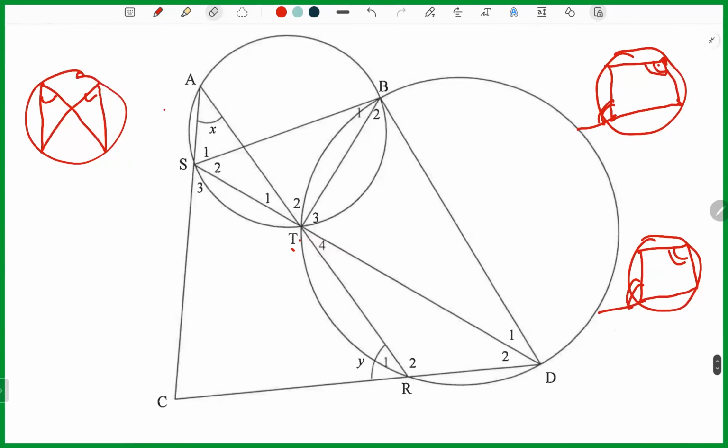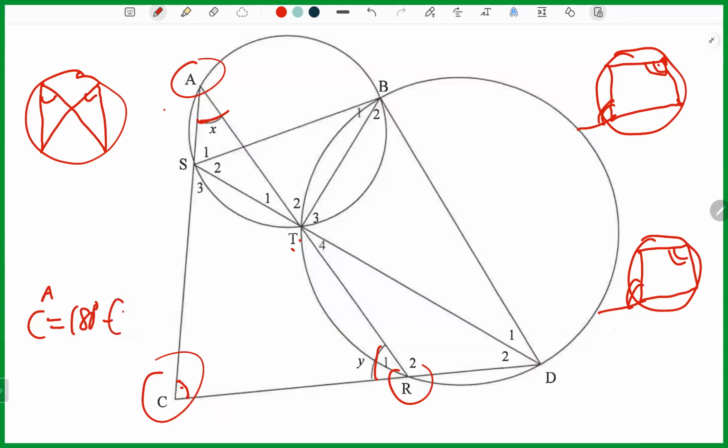First things first, we realize that the angle C, this one here, and the X and the Y in triangle ACR, this one is X and this one is Y, so we can get the angle C. First, the angle C is equal to 180 degrees minus the other two angles.